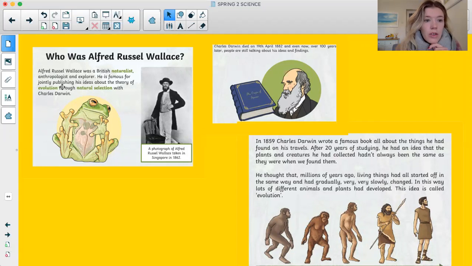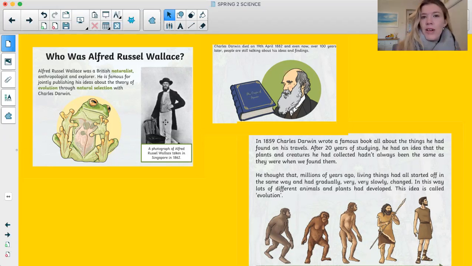He was made famous for jointly publishing his ideas of evolution through natural selection with Charles Darwin. He had very similar ideas and ideologies to Charles Darwin, but he doesn't get so much of the credit.